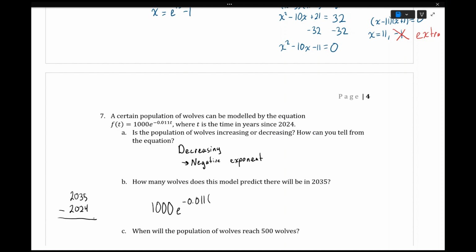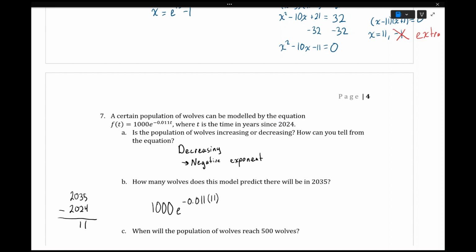Oh, that's just 11. So I need to put 11 in for my time. Now, that's not something you or I can do in our head. Well, maybe you can if you are amazing, but I am not that amazing. So I'm going to plug that into a calculator off screen.